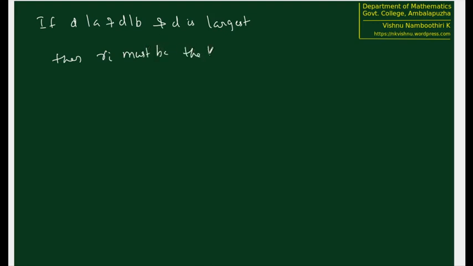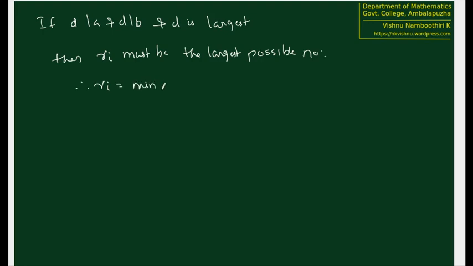So if D divides A and D divides B and D is the largest, then Ri must be the largest possible number. We know that it is less than or equal to the minimum of Ai, Bi.